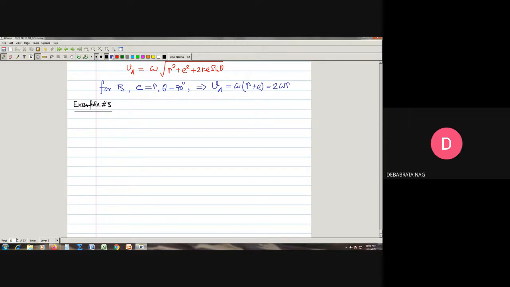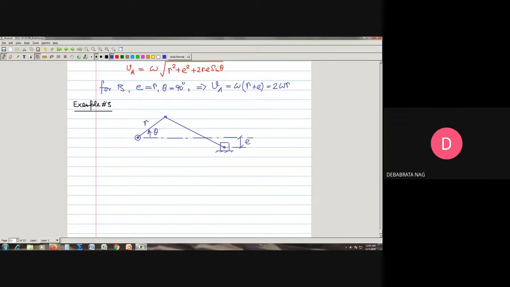Suppose we are having a crank, and the crank is driving a piston which is somewhere here. So this is the piston, and it is not exactly on the line of center. Let us say this distance is known to be equal to E. Let us suppose this is R and this angle is known to be equal to theta.